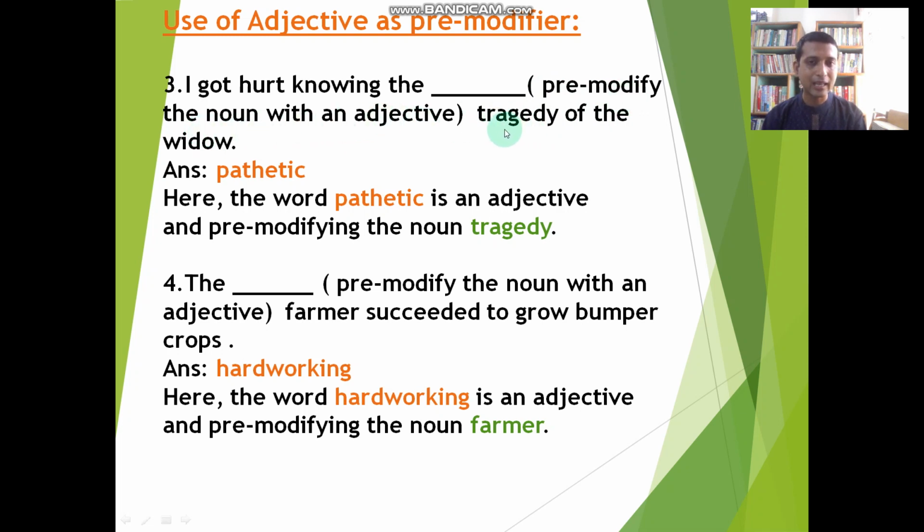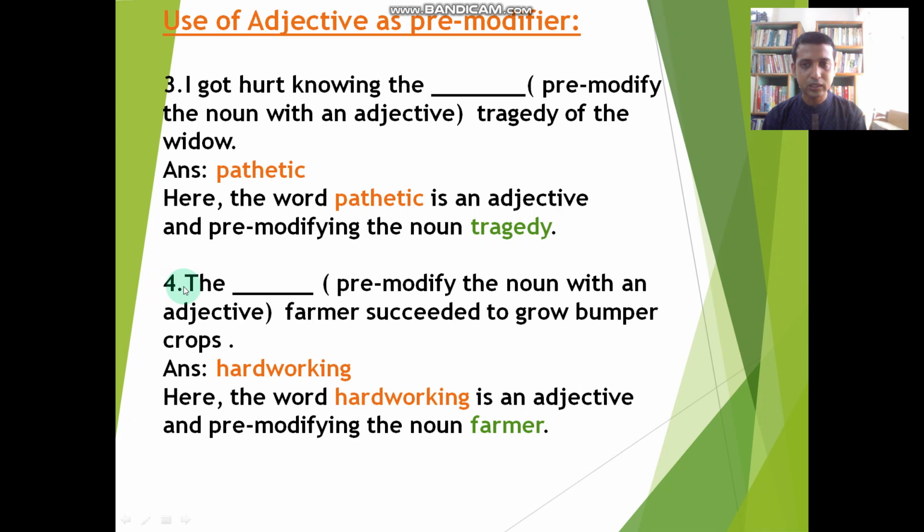Tragedy is the head word, and this head word tragedy will be modified with an adjective. Okay, if we take pathetic for that gap, I think this is very clear to all of you. Here, the word pathetic is an adjective and premodifying the noun tragedy. The word tragedy is being premodified by the adjective pathetic.